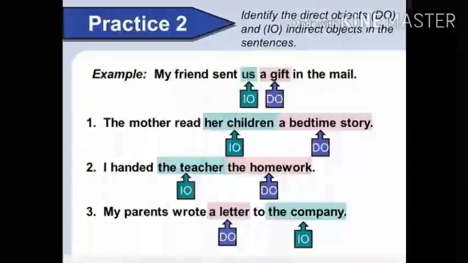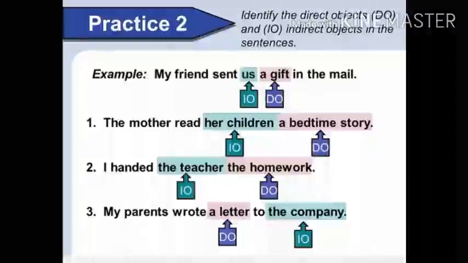Next sentence is, the mother read her children a bedtime story. Now, what did the mother read her children? Answer is a bedtime story. Answer of what is the direct object. So, a bedtime story is the direct object. And whom did the mother read the story? Her children. So, her children is the indirect object. Next sentence, I handed the teacher the homework. What did I hand the teacher?